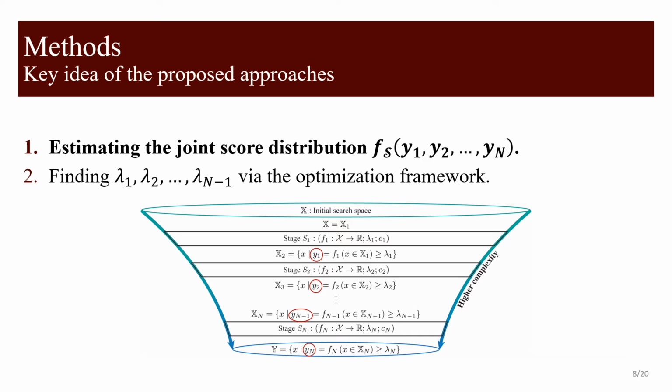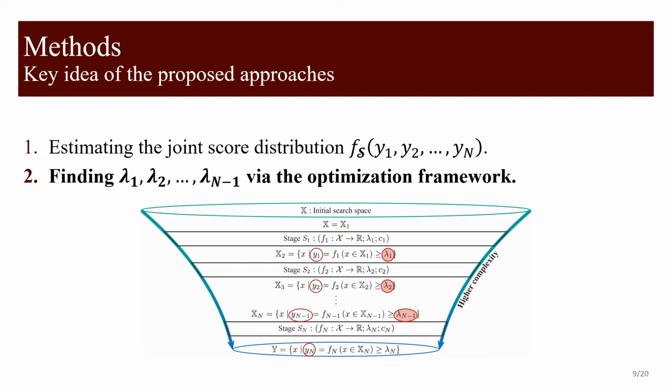In this study, we assume that the joint score distribution follows the multivariate joint Gaussian distribution and utilize maximum likelihood estimation or the expectation maximization algorithm depending on the availability of the labels. Based on Fs, the screening thresholds are optimized to maximize the throughput while minimizing the computational costs.